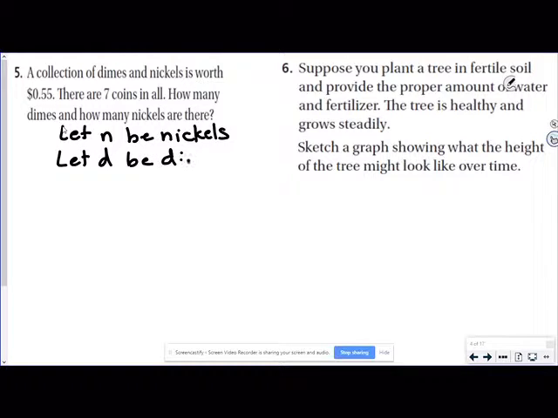Let d be dimes. There are 7 coins in all, so n plus d equals 7. It is worth 55 cents. Nickels are worth 5 cents, 0.05, plus dimes being worth 10 cents.